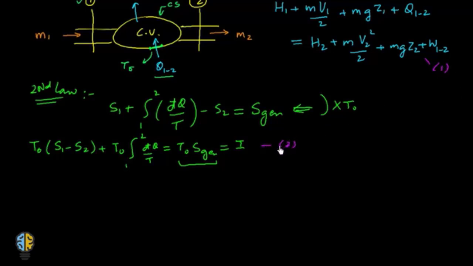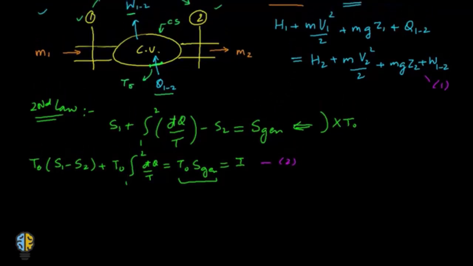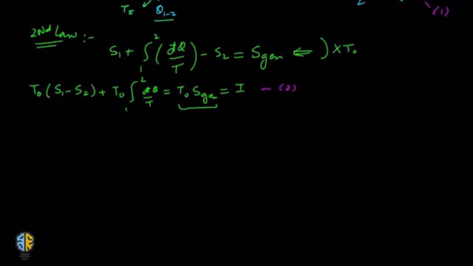So let's combine these equations. Let us first of all rearrange equation 1, which is the basic steady flow energy equation. Upon rearranging equation 1, we would get H2 minus H1, and then you subtract this equation from that, so you would have minus T naught into (S2 minus S1).